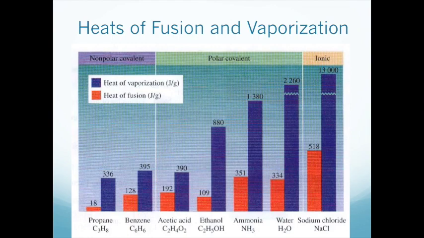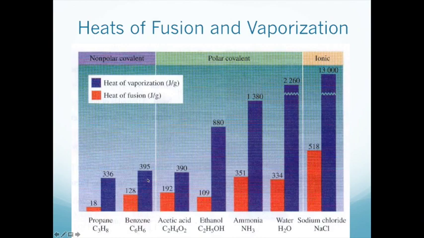And these 3 different attractive forces lead to stronger or weaker interactions between particles. So a nonpolar covalent molecule will have very low heats of fusion and vaporization because it doesn't take as much energy to cause the molecules to move apart from one another.